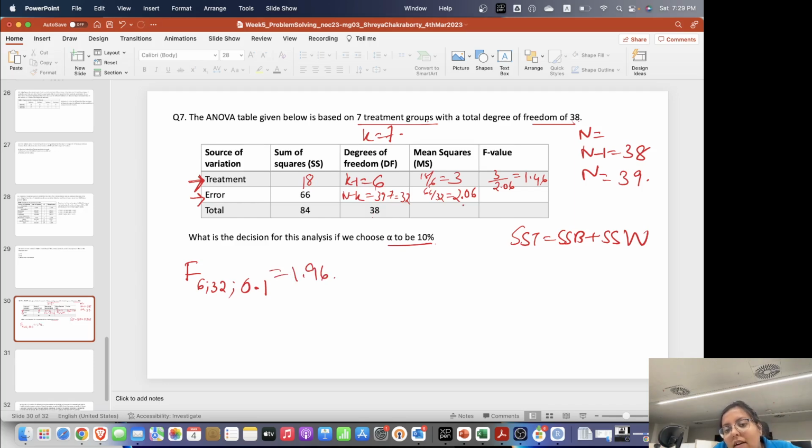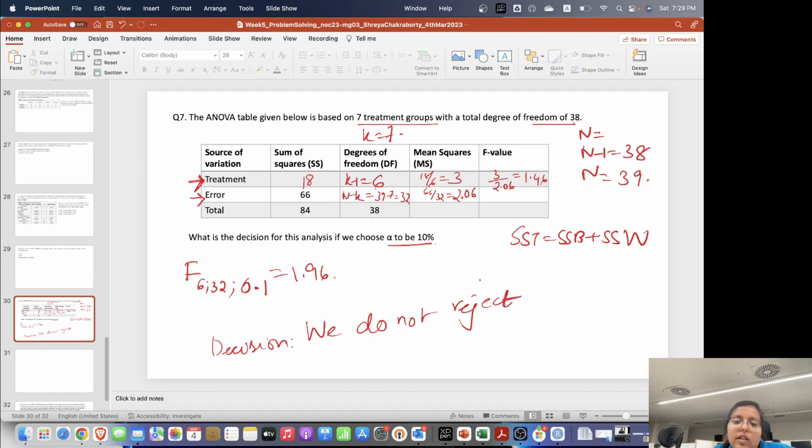So what we have is less than 1.96. What is the decision? We will accept H naught. We do not reject. Please make it a habit of saying do not reject, because we are not exactly accepting the null. We don't have enough evidence to reject the null.